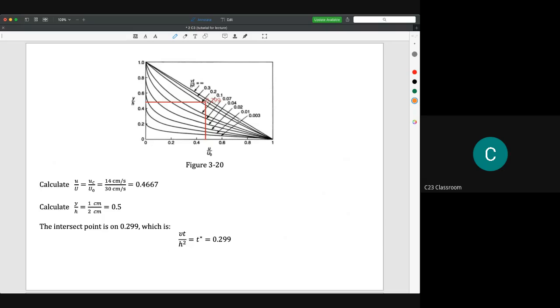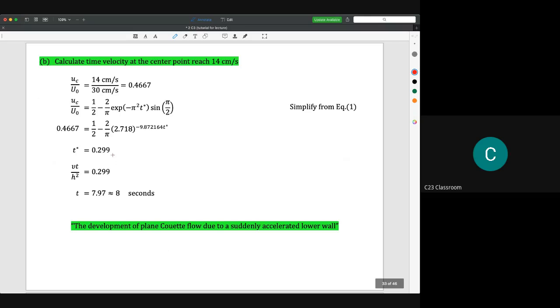So if you see, this line is 0.2, okay, this line is 0.2 and this line is 0.3. So it intersects at 0.3, almost at 0.299, because according to our calculation, the t star is equal to 0.299.